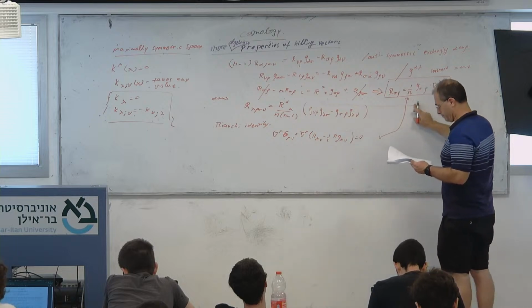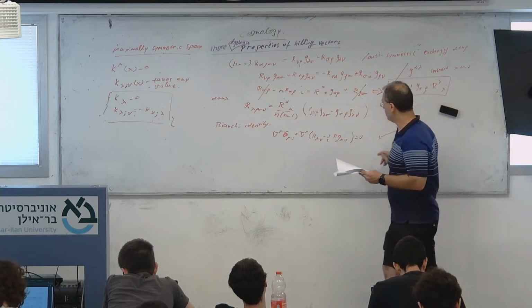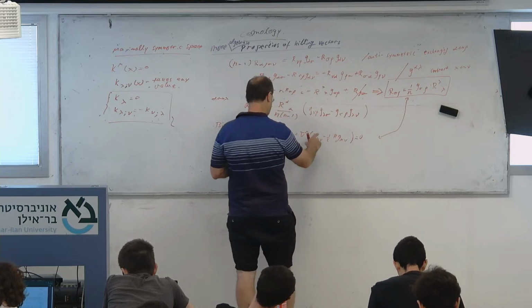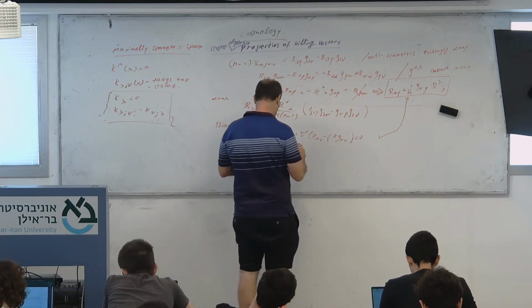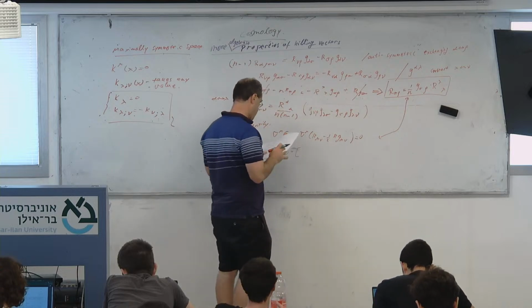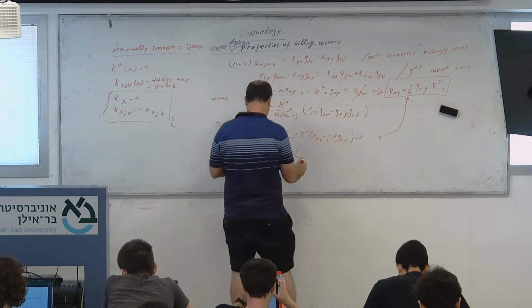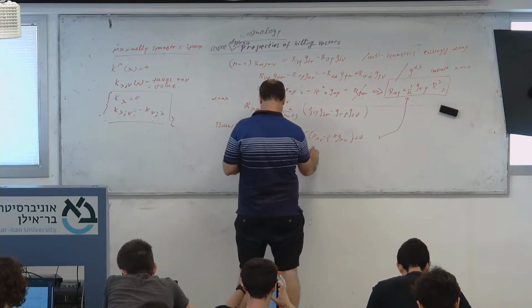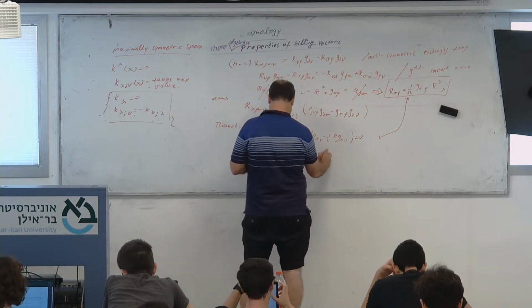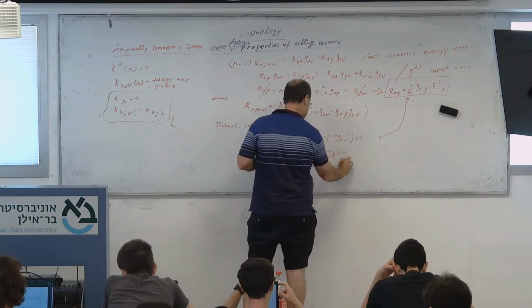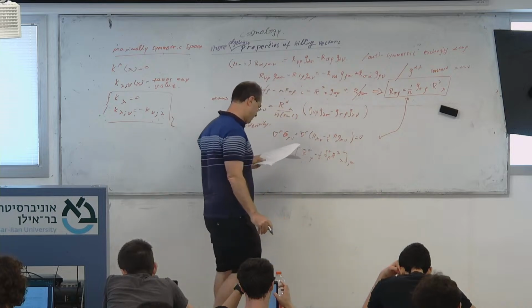This is R mu. So I have 0 is equal to, here I'm exchanging with the sigma, so it's going to be R sigma rho minus 1/2 delta sigma rho R lambda lambda sigma.